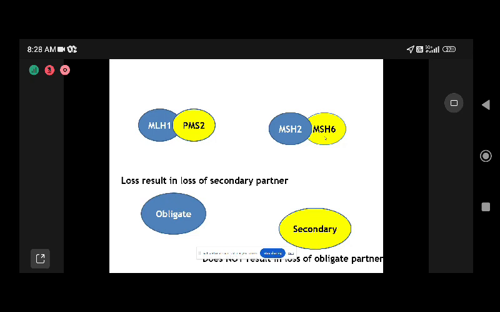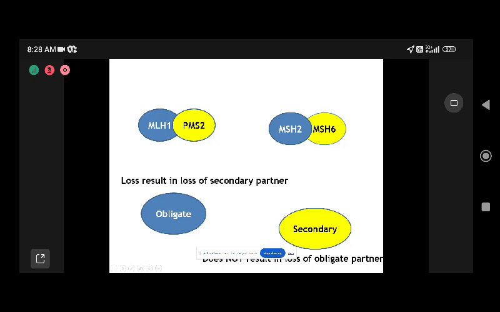In the immunohistochemistry report for MLH1, PMS2, MSH2, and MSH6, we will see loss of either protein. But if the dominant partner is lost, then its secondary partner is also lost.